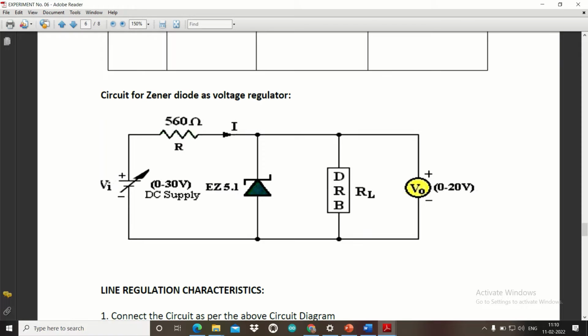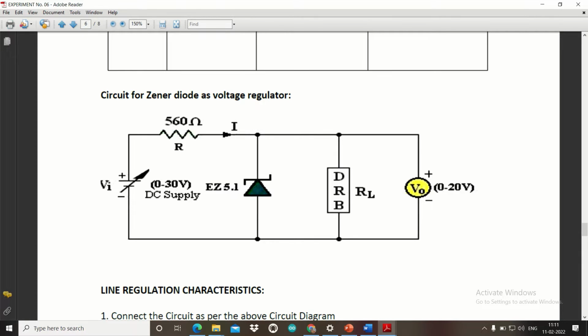Remember that you can have a current regulator also. In that case, voltage will vary, but current will remain constant. But in case of a voltage regulator circuit, you need to have constant voltage at the output, irrespective of the fact that there can be a change in input supply or a change in the value of the load.